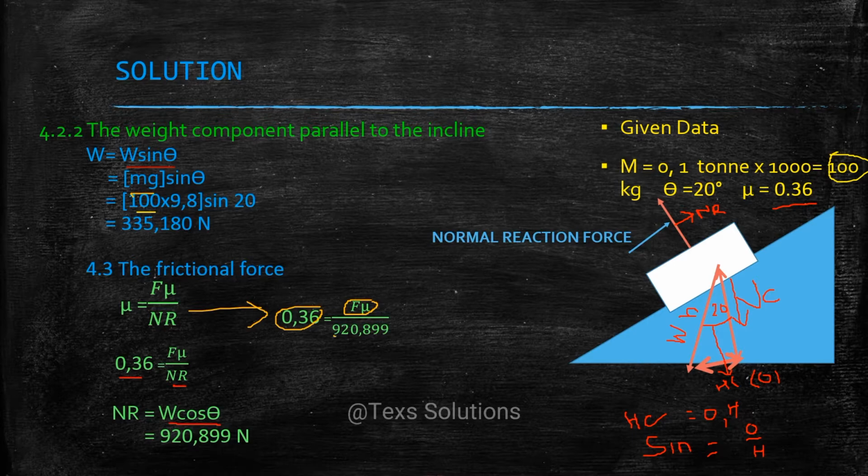We now know that the normal reaction force, which is equal to this vertical component, is 920.899, so we can substitute it into this equation. Making the frictional force the subject, I need to cross multiply, so the frictional force becomes 0.36 multiplied by 920.899, and the value that I now get for the frictional force is 331.524 newtons.